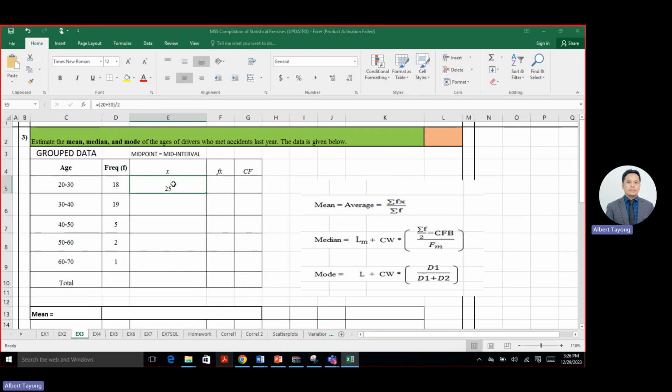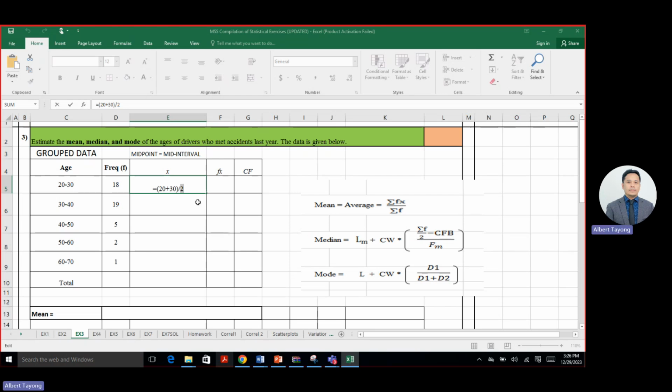Again, what we're going to do is add the lower bound and the upper bound. The lower bound is 20 here, and the upper bound is 30. Do not forget to put the open and close parentheses. And here, this is always 2.